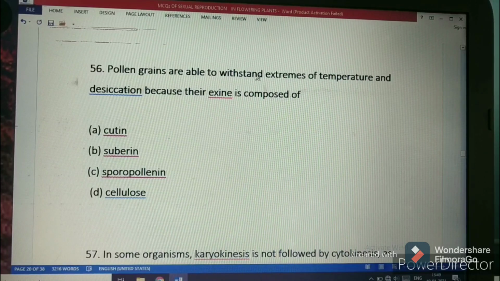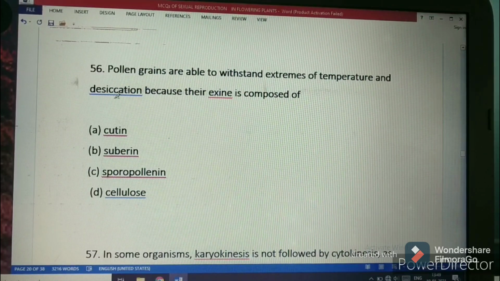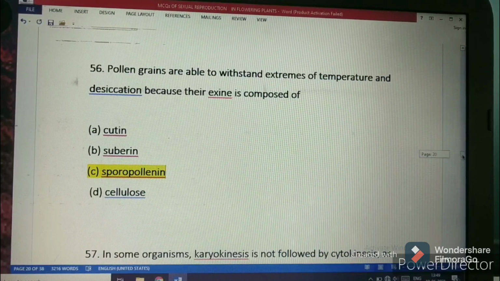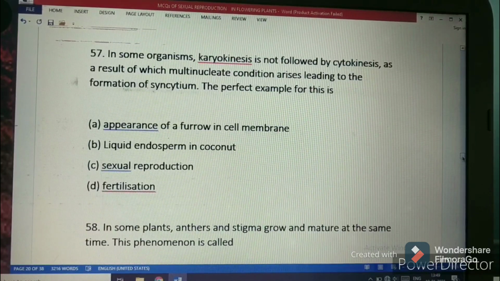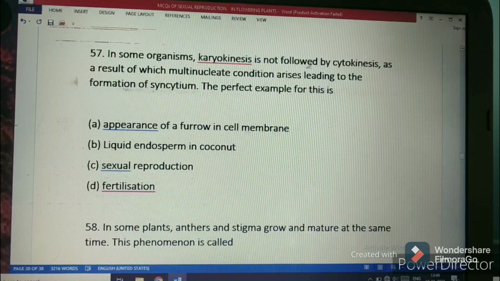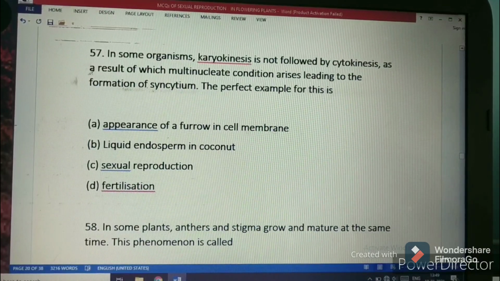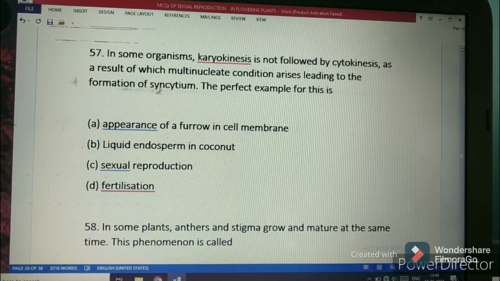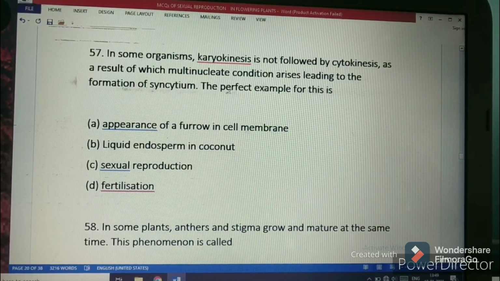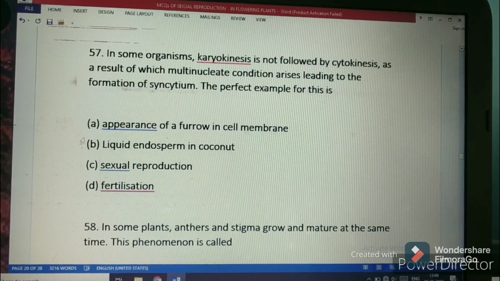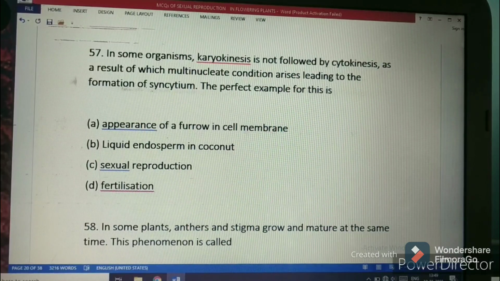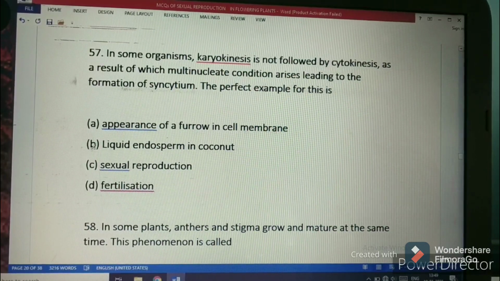The pollen tube usually enters the embryo sac through the synergid by knocking off the antipodal cell. Pollen grains are able to withstand extremes of temperature because their exine is composed of sporopollenin. In some organisms, karyokinesis is not followed by cytokinesis, as a result of which a multinucleate condition arises, leading to the formation of a syncytium, and the perfect example for this is coconut water.